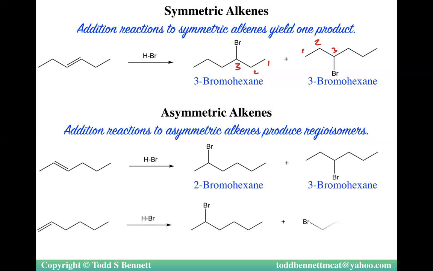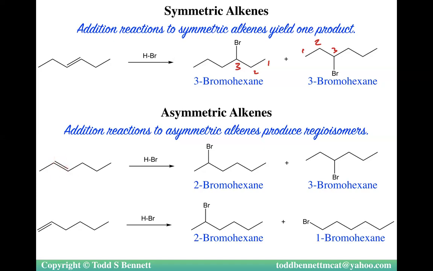So in this case, we have an asymmetric alkene right here, this double bond. This double bond has a methyl on one side and has 1, 2, 3, so a propyl group on the other. So when I add to this one, the methyl versus the propyl, they're both disubstituted.